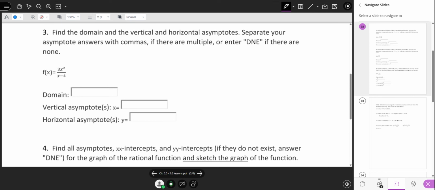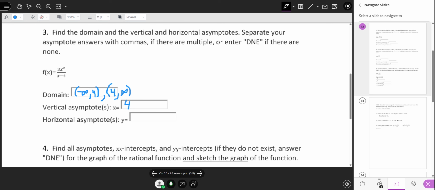Now, the vertical asymptote is at 4 because 4 minus 4 is 0. So your domain is negative infinity to 4, comma, 4 to infinity.